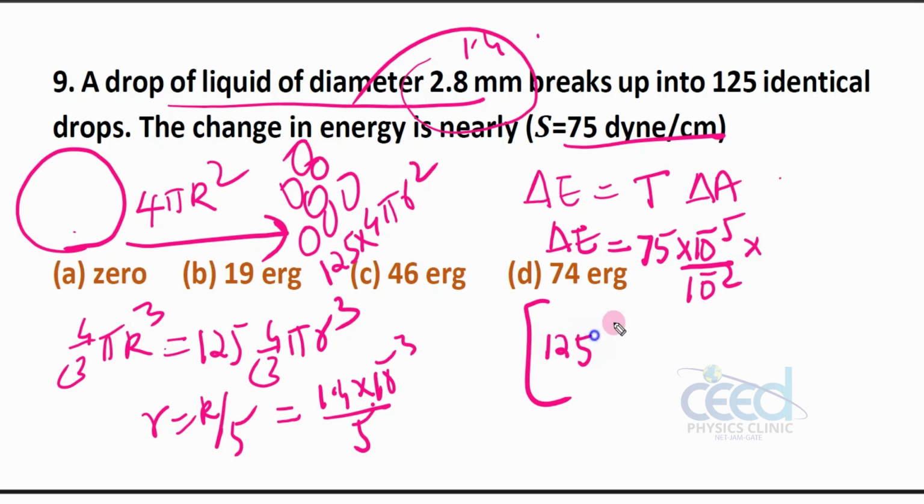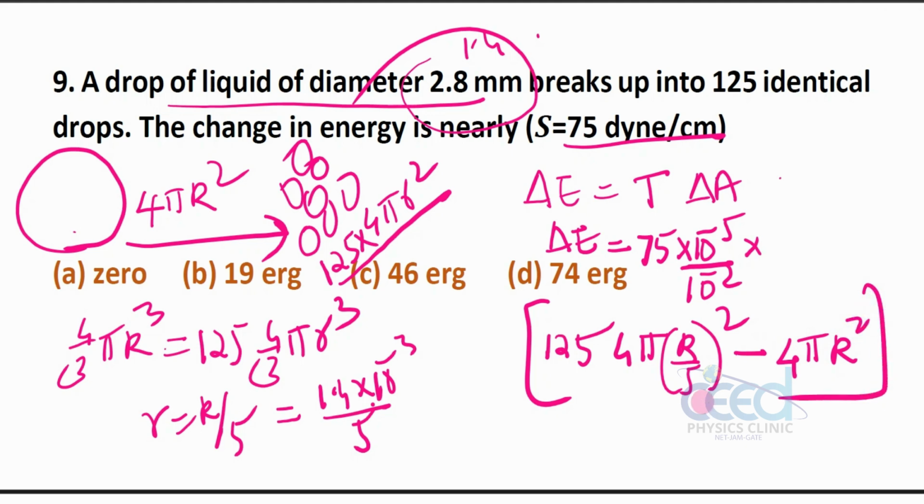Finally 125 drops are there into 4 pi r square, where r is R by 5, the whole square, minus the initial area 4 pi R square. Now let me take 75 into 10 raised to minus 3, and here 5 square is 25. 4 pi R square you can take out, with R given as 1.4 into 10 raised to minus 3.